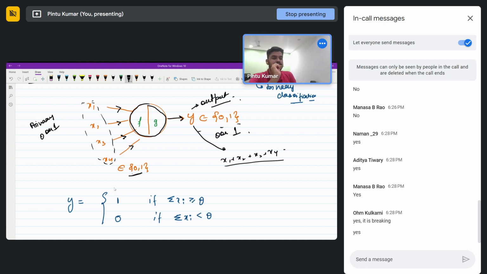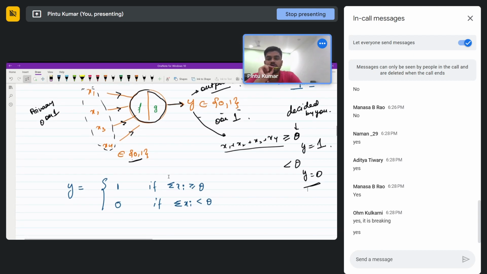If this sum is greater than or equal to some theta, which is to be decided by you based on your application, then y is equal to 1. Otherwise, if it is strictly less than theta, y is 0. This is how the MP neuron was proposed, and you can use it for predictions later on.